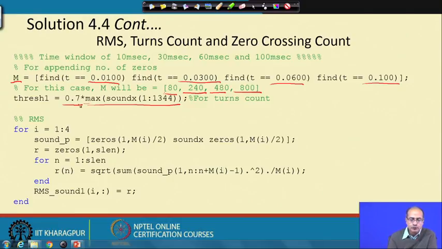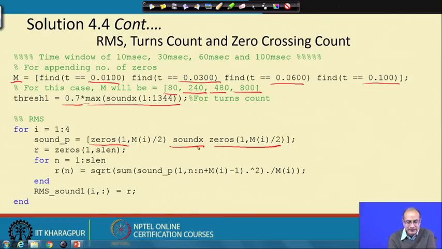Next we compute first the RMS value, where we pad both the sides with zeros, okay, and we keep the sound at the middle, and here we are not supposed to take actually the causal window.